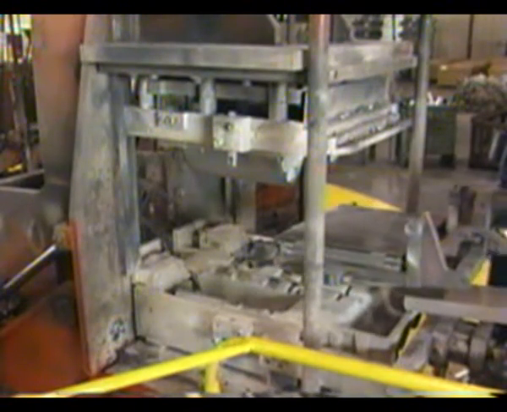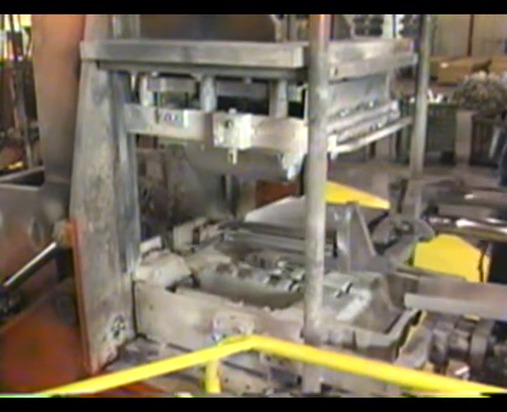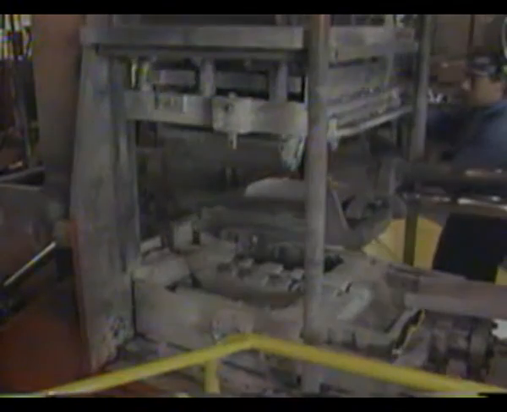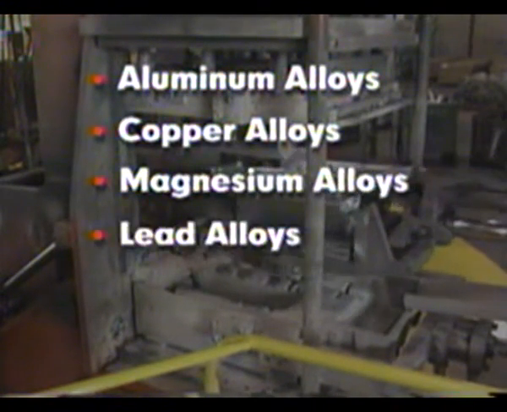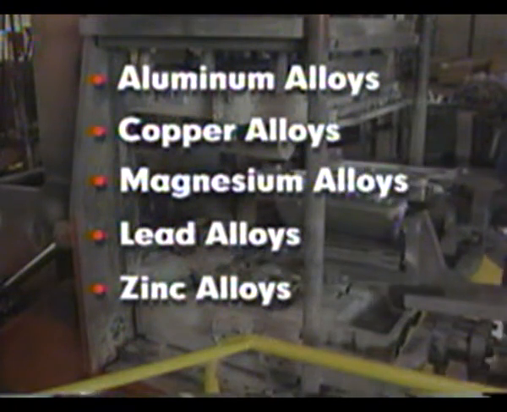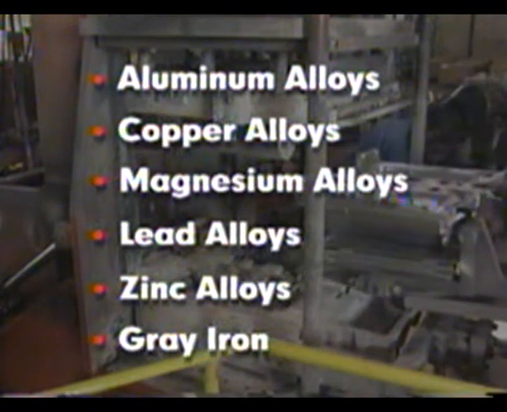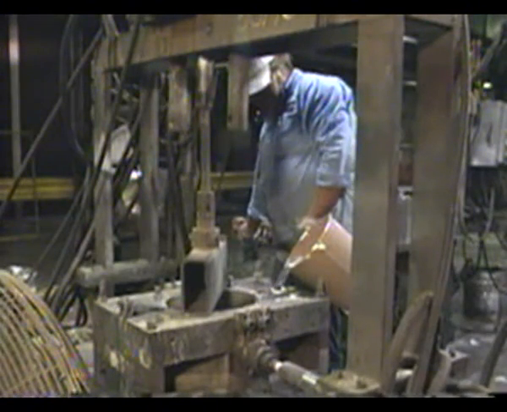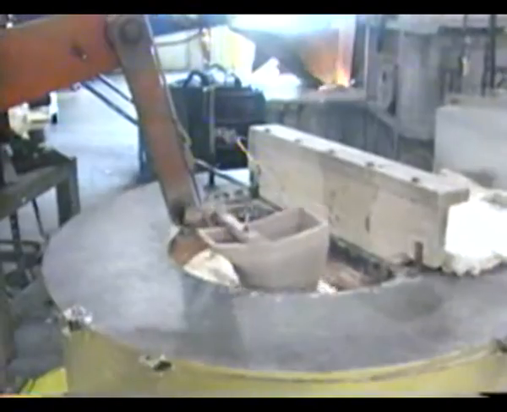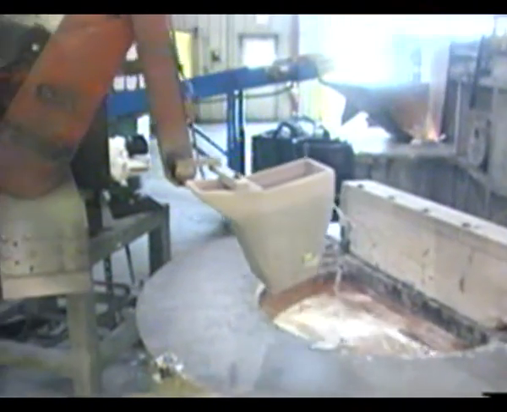Permanent mold casting is suitable for casting many non-ferrous metals, including aluminum, copper, magnesium, lead, and zinc alloys. Some gray iron also can be cast. Permanent mold casting can be performed manually or automatically for large production runs.